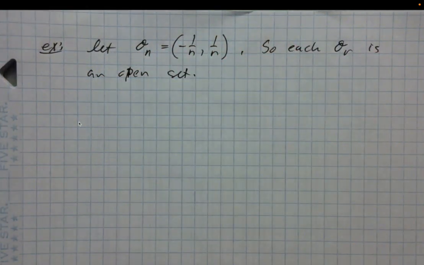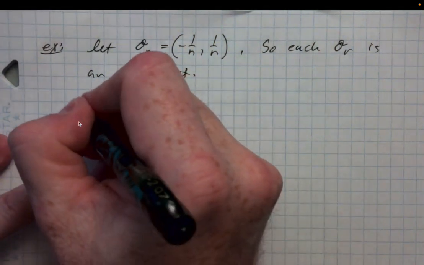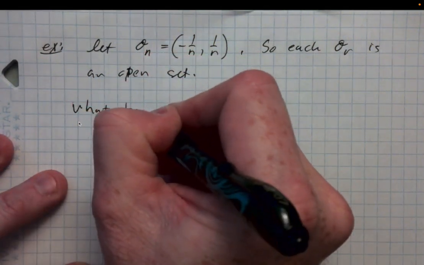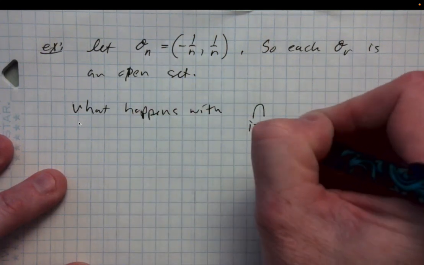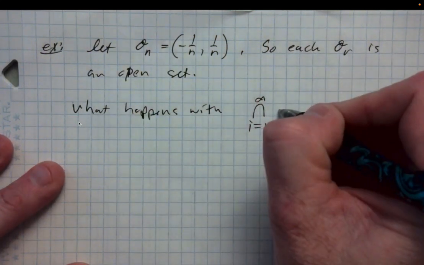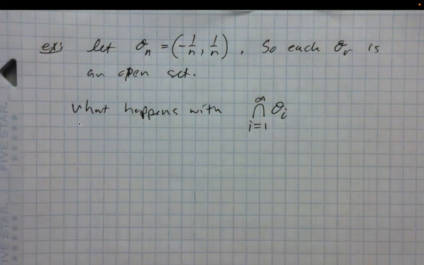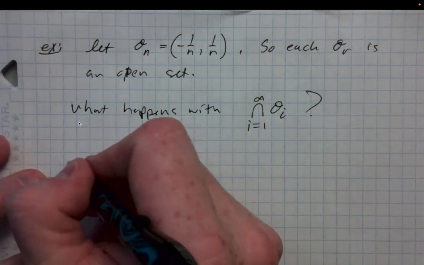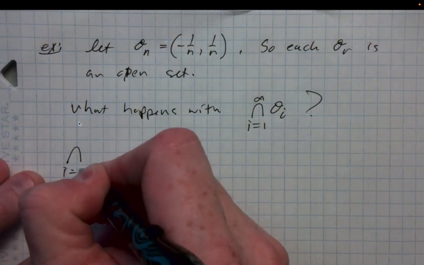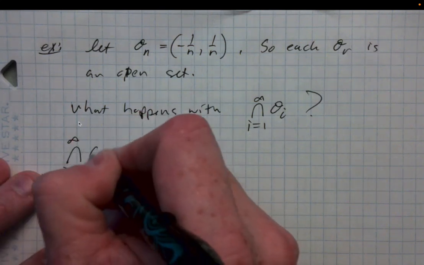But let's see what happens when we try to take the infinite intersection of this. What happens with i equals 1 to infinity of O sub i?